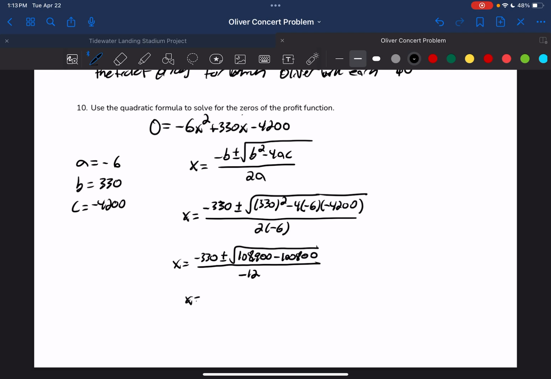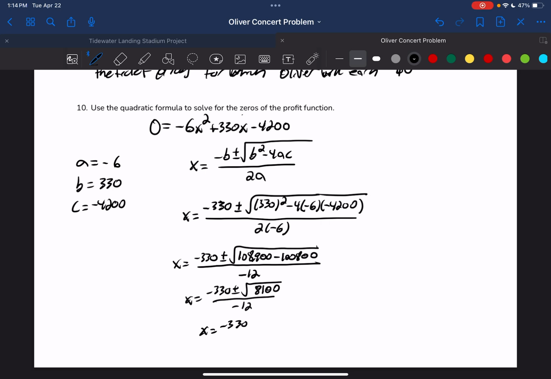Now we can simplify what's in here. We're going to get x is equal to negative 330 plus or minus the square root of 108,900 minus 100,800, which is going to give us 8,100, all over negative 12. And if you put in your calculator the square root of 8,100, you're going to get 90.